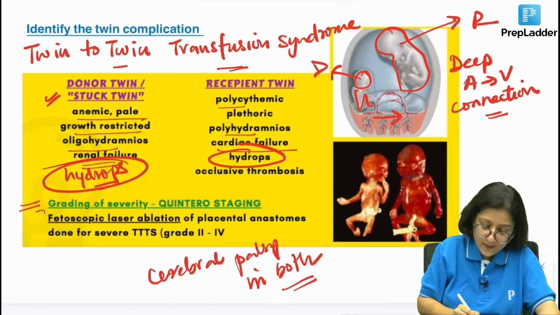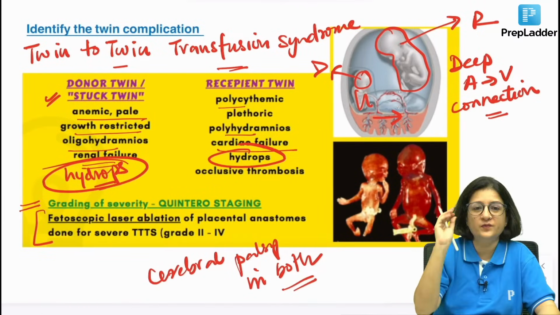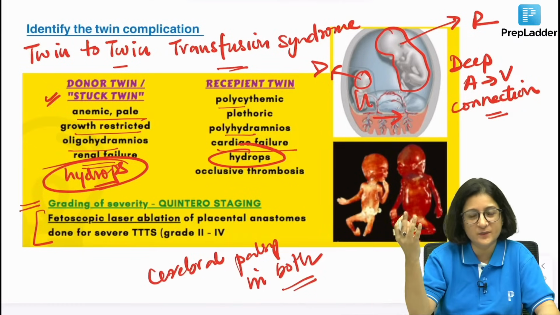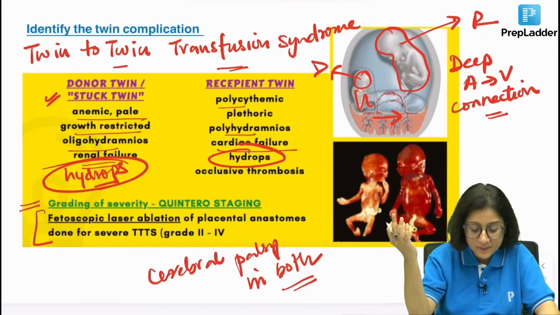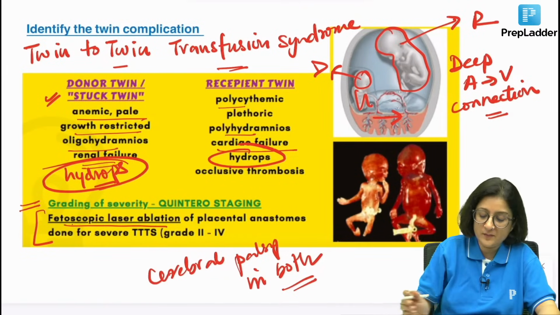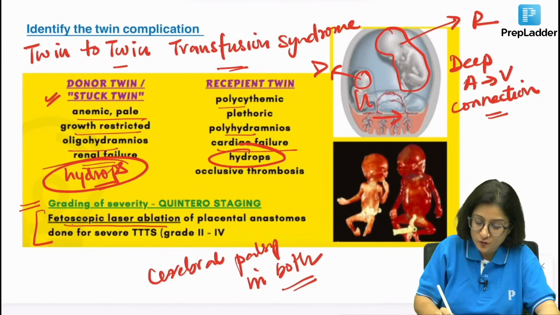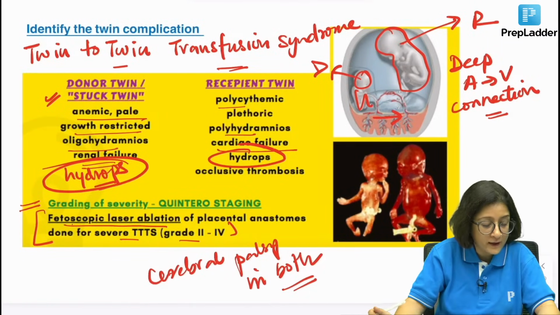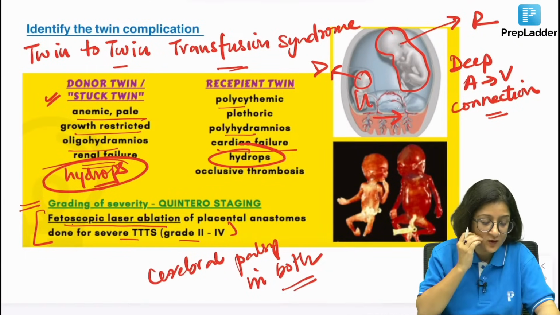And fetoscopic laser ablation is the ideal treatment, and many times such ideal treatment is not available all the time, but yes, if this treatment is available, this is the ideal treatment. Fetoscopic laser ablation of the placental anastomosis is to be done for severe TTTS anywhere between grade 2 to grade 4. If surgery has to be done, the donor twin is saved, the recipient twin is reduced.